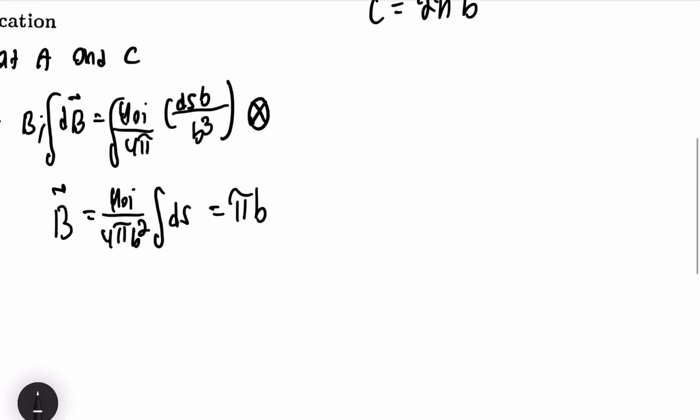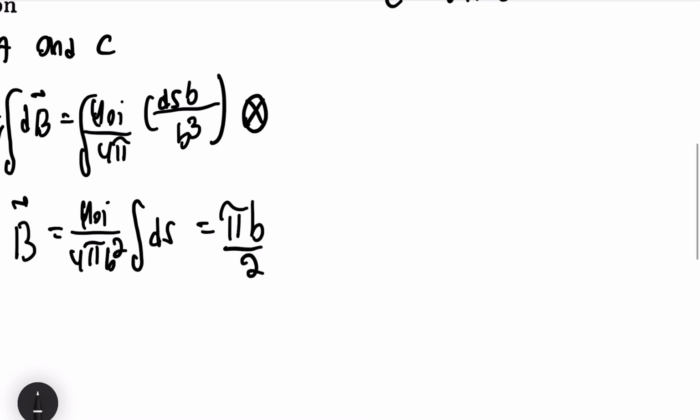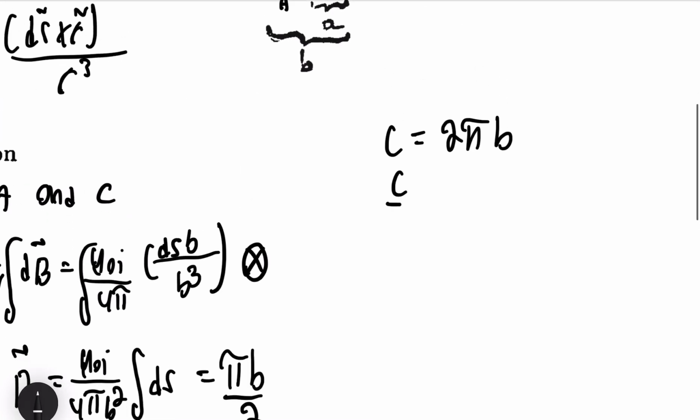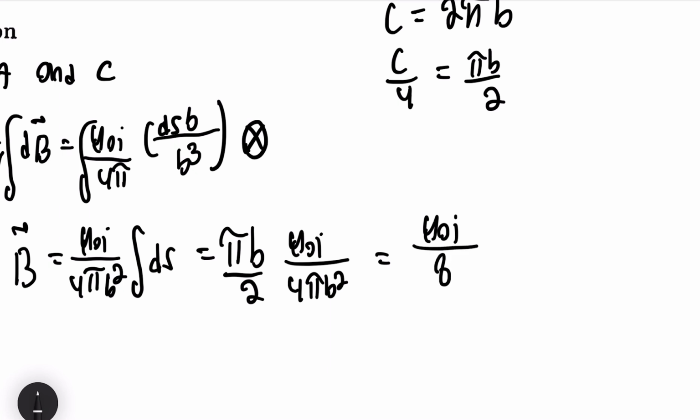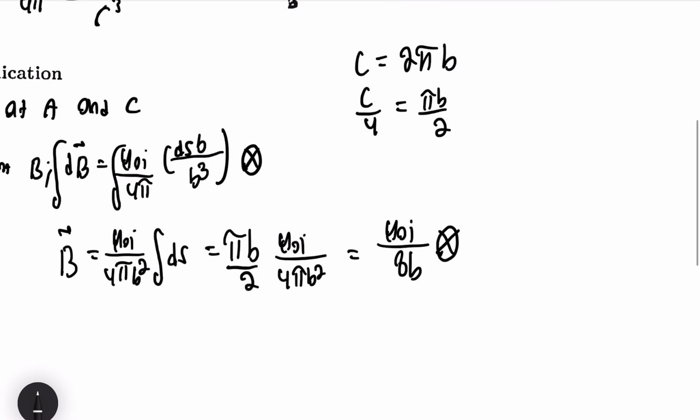Oh, it's actually pi over 2, my bad. It's pi over 2 because it's a quarter circle, so it's a fourth of this. So it's pi b over 2. Then I multiply by mu naught I over 4 pi b squared. This simplifies to mu naught I over 8b, and it's into the page.